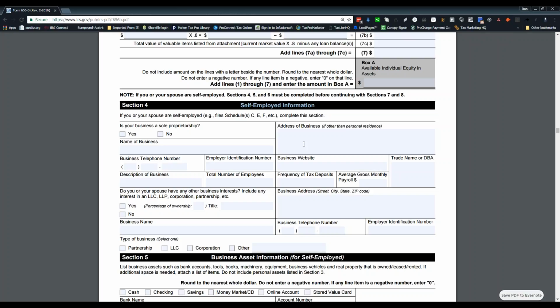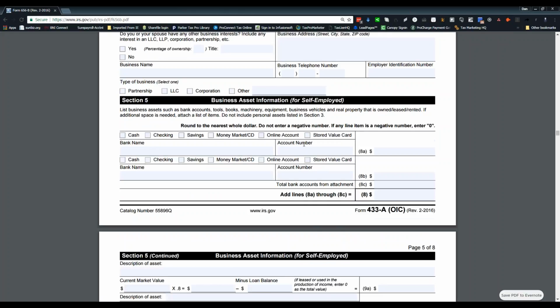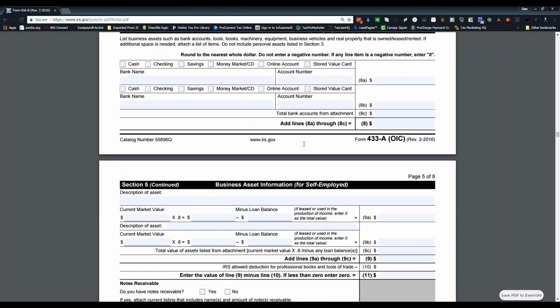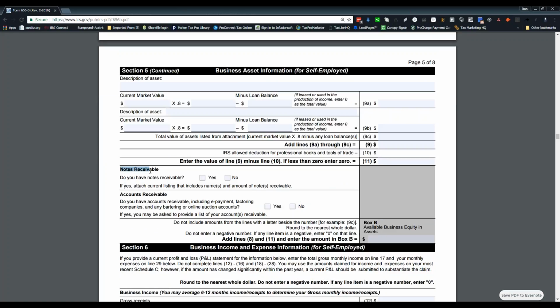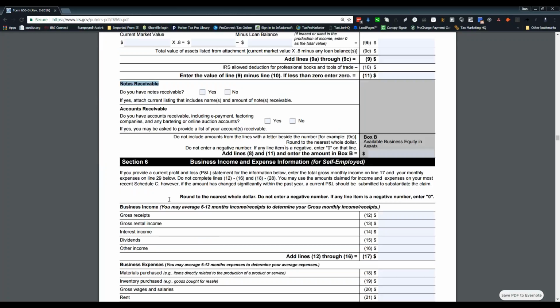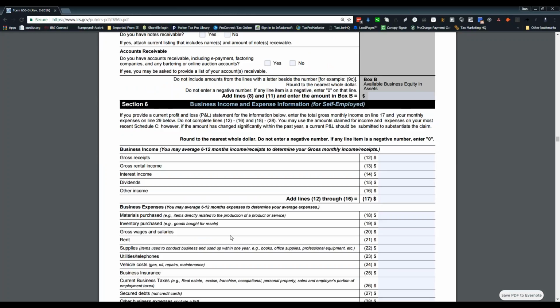We're going to go through the A here, and we're a little over halfway through this, but when you get through this, we'll fly through the 433B. So again, here you're listing all of the assets for the self-employed individual. What assets do they have in their business? Again, notes receivable and accounts receivable, and then here's where we look at the business side of the income.